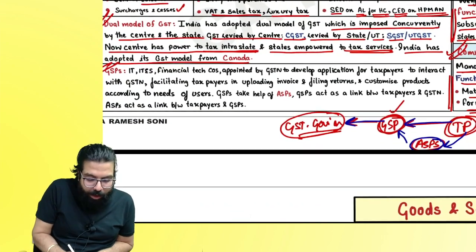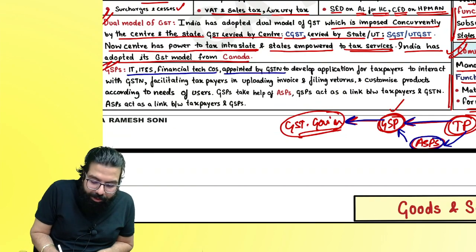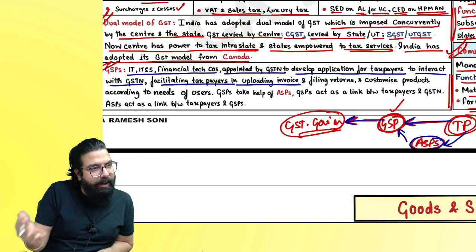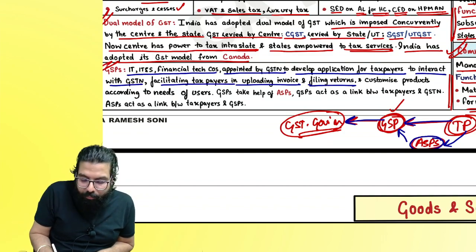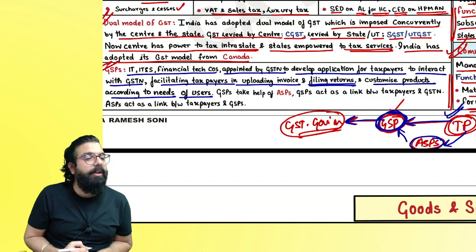Right, everyone? So GSPs are IT financial technology company which is appointed by whom? GSTN to develop application for taxpayers to interact with the GSTN. They facilitate taxpayers in uploading invoice related details basically and furnishing of return. Customize product according to the needs of the user.